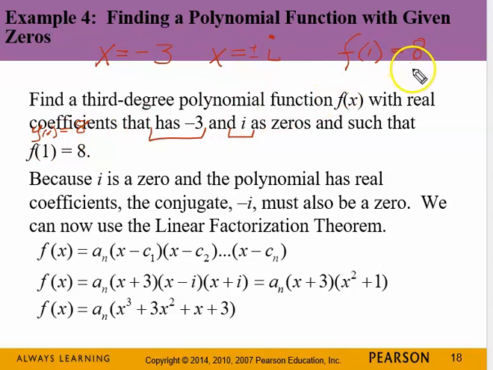So that's what I've put here. And as was mentioned earlier, when you have imaginary solutions, there's always going to be a plus and minus. So now the first thing is to convert it back into its factored form.